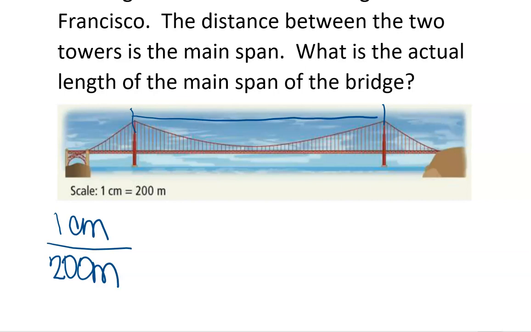It looks like mine is 7.3, but I know that they measured and they got 6.4. I'm going to actually see if that was written in the book. Just a second.